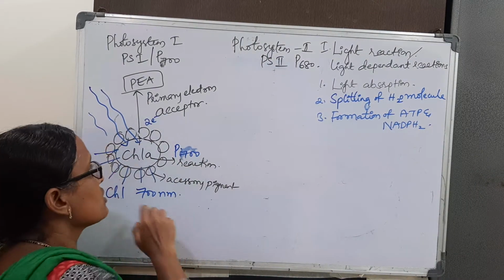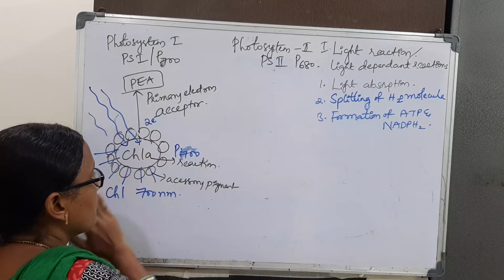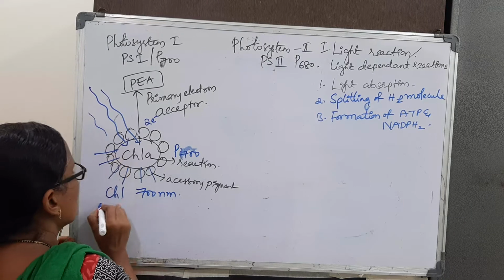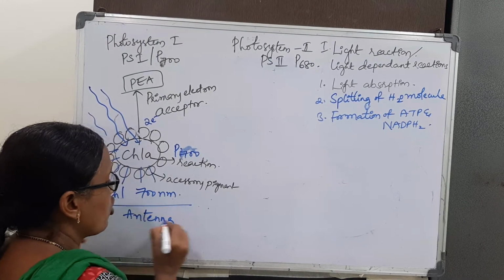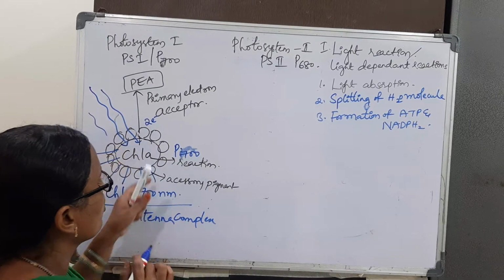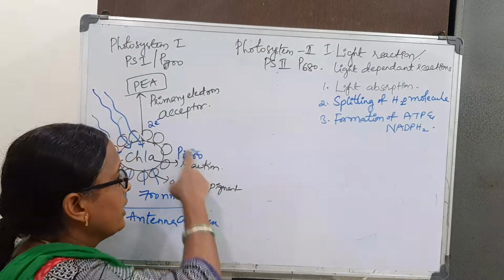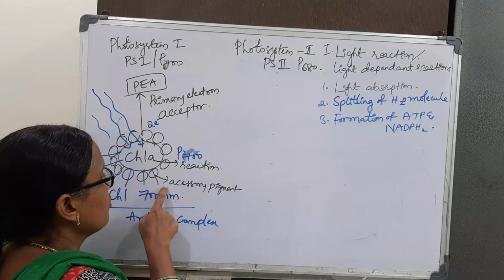In these photosystems we have the components: one is the reaction center, also known as the antenna complex. In the antenna complex we have the reaction center molecule and other accessory pigments. So this is the photosystem.